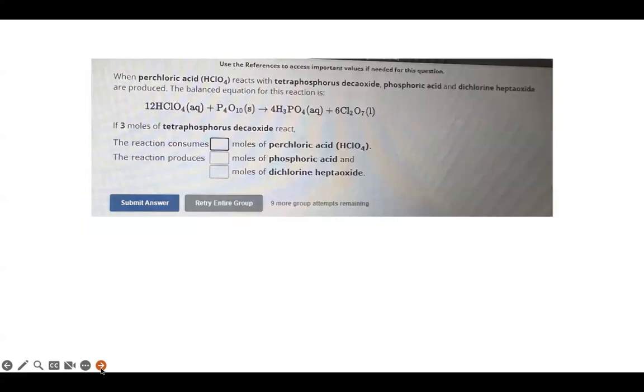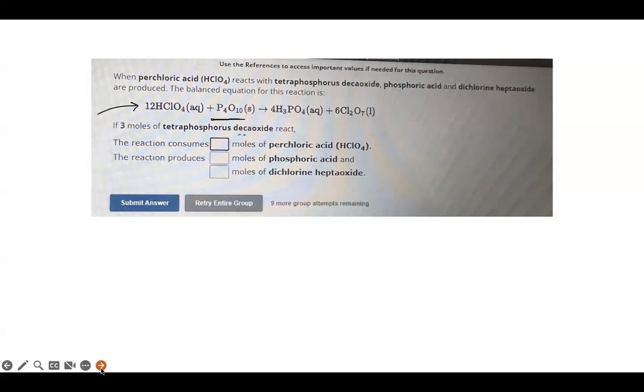All right. So this one is similar to the last problem we just did. Here it gives us a balanced equation. It tells us if 3 moles of tetraphosphorus decaoxide, which is this substance here, were to react, how many moles would we get of the rest?